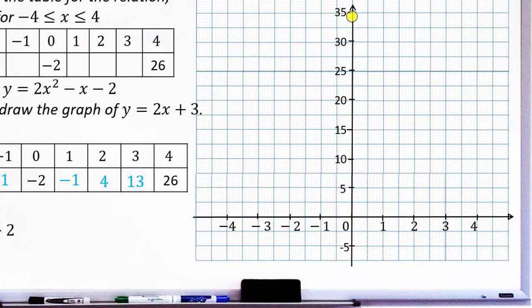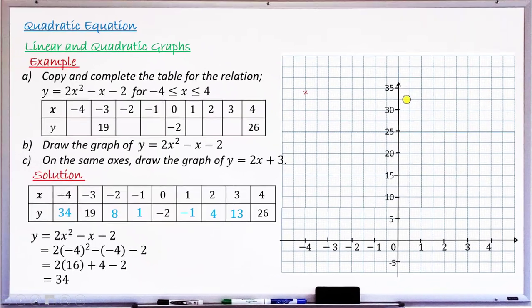So to get 34 exactly, 34 will now be just 2 small divisions below this 35. That will now be somewhere here. So let me just mark it. This is my first point, x minus 4, y 34.